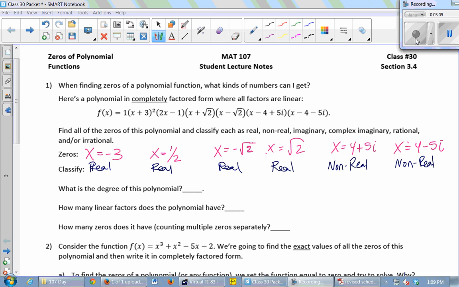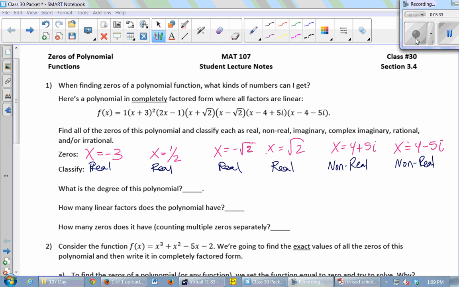All right. Of just the real numbers, so ignore the non-reals for a few minutes, some of these are rational and some are irrational. Which of them are rational? The first two. Rational means you can write it as a fraction. The root of the word rational is ratio. If you can write it as a fraction, it's rational.